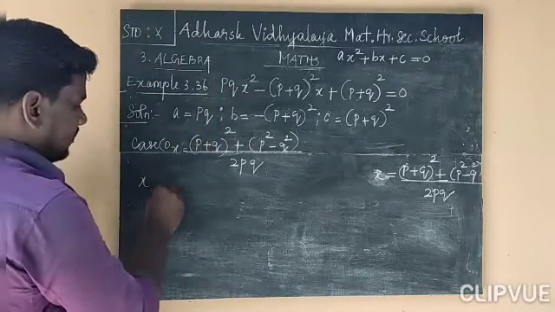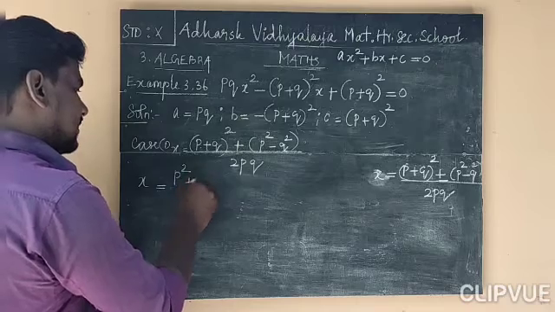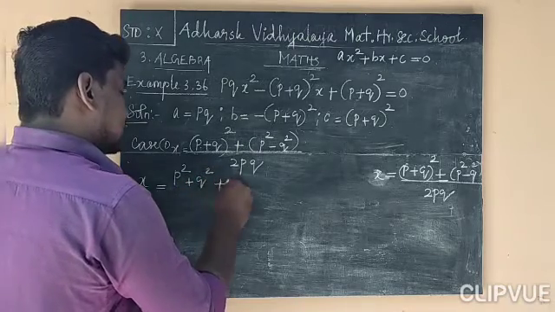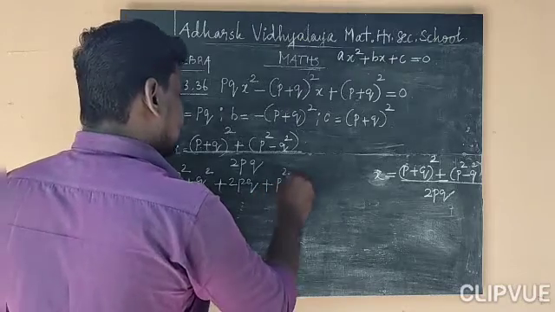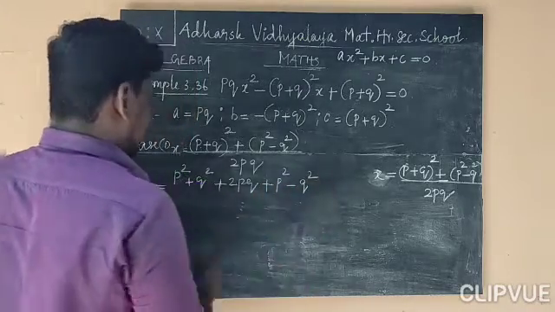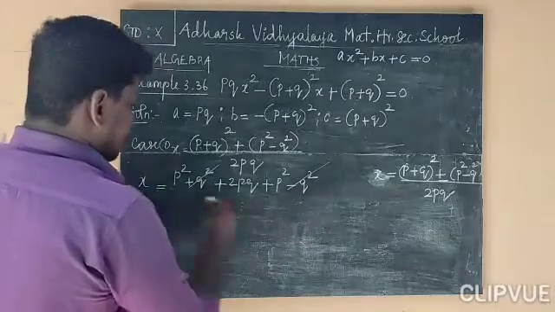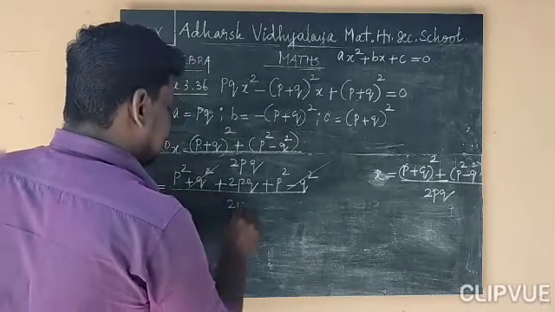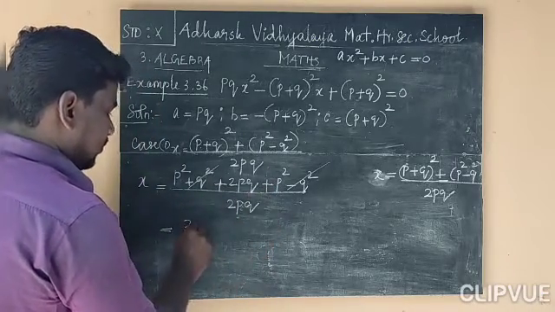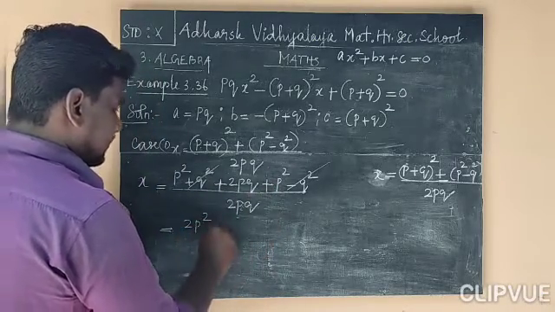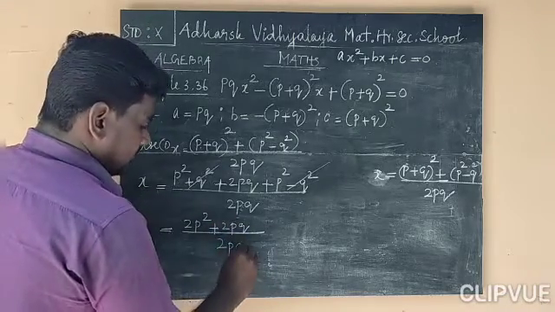So x is equal to (a plus b) whole square expansion, that is p square plus q square plus 2pq plus p square minus q square. The plus q square and minus q square will be cancelled. In the denominator we have 2pq. So p square plus p square is 2p square, plus 2pq, by 2pq.